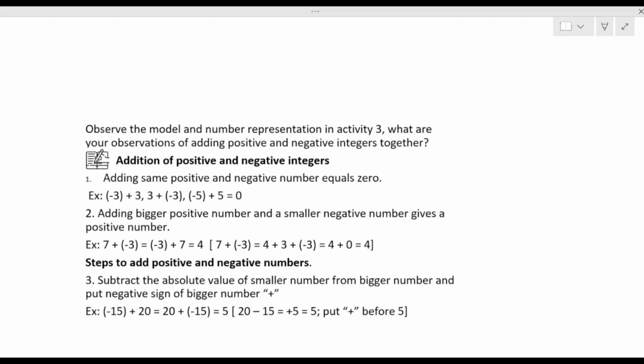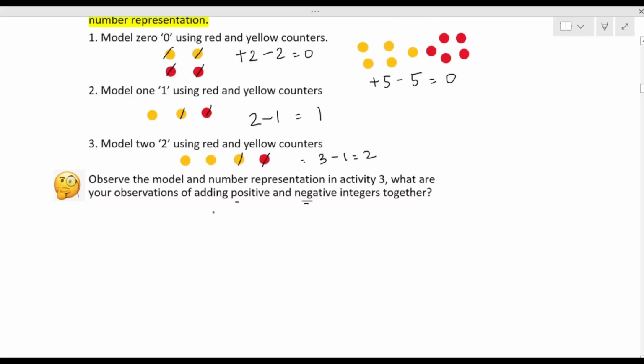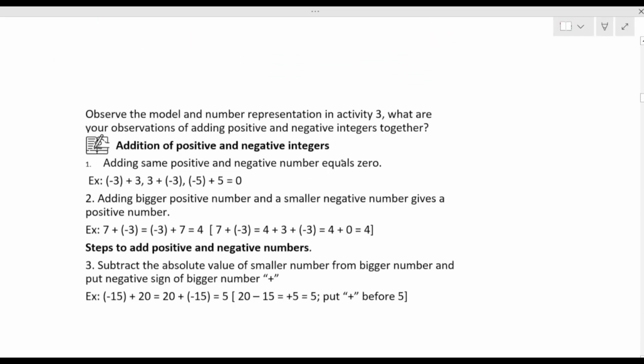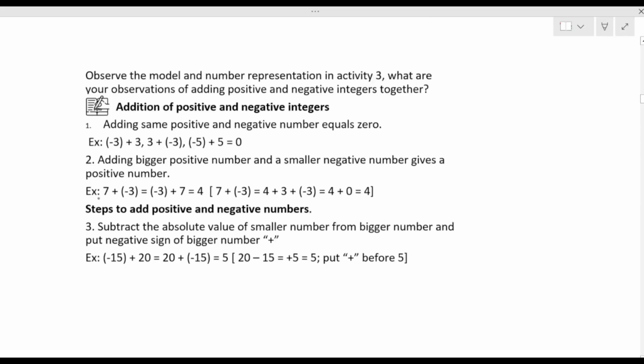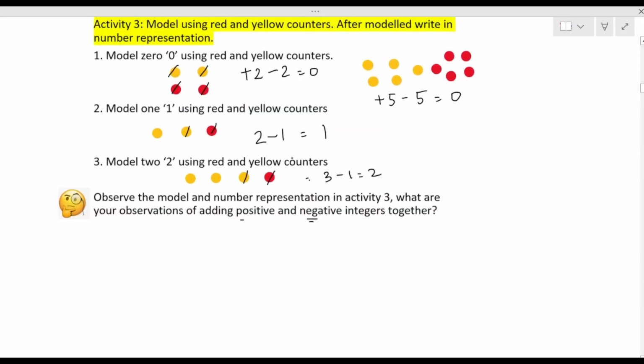And in all these cases, you get an answer as a bigger positive number. So when you add a positive and a negative number, you are subtracting the smaller number from the bigger number. So for example, here you are subtracting the smaller number from the bigger number and having the sign of the bigger number.